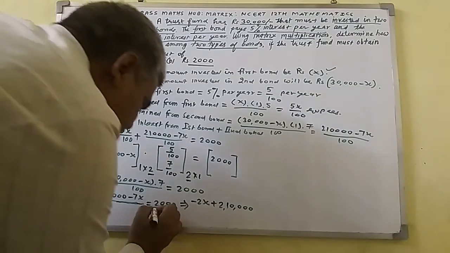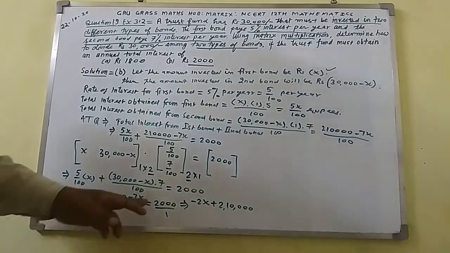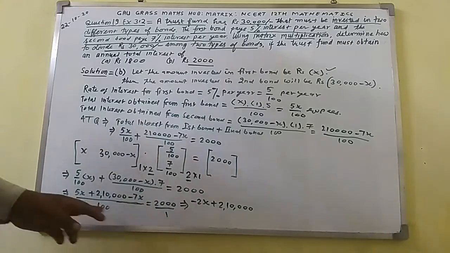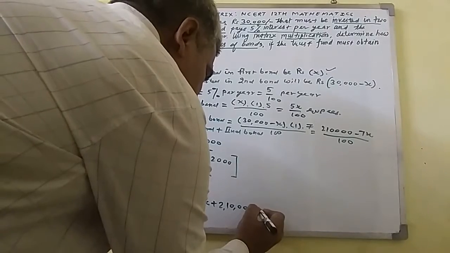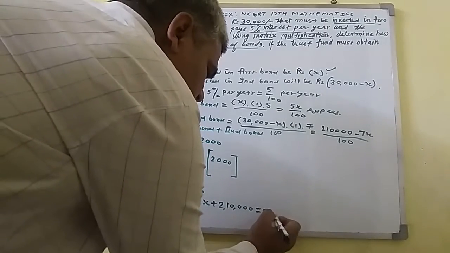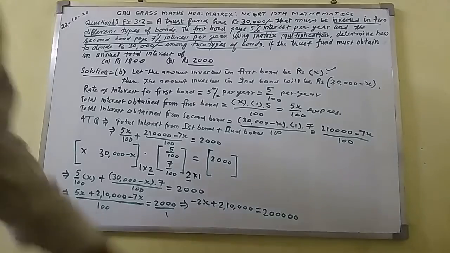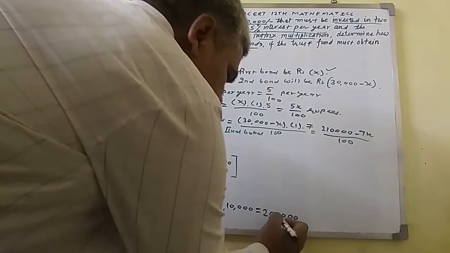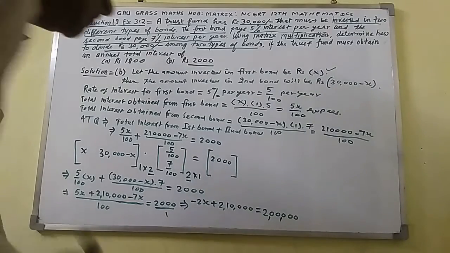Then you can write here very well 2,000 over 1. This means that 2,000 will multiply to 100. You will get here equal to 2,00,000. So this is 2 lakh.